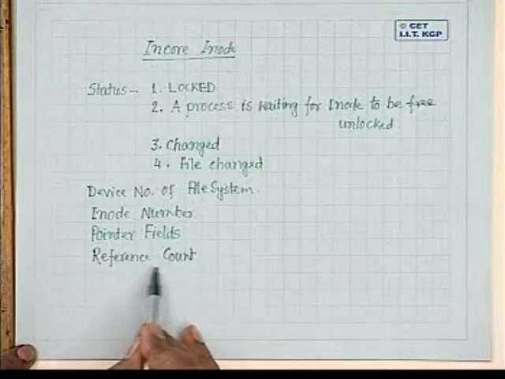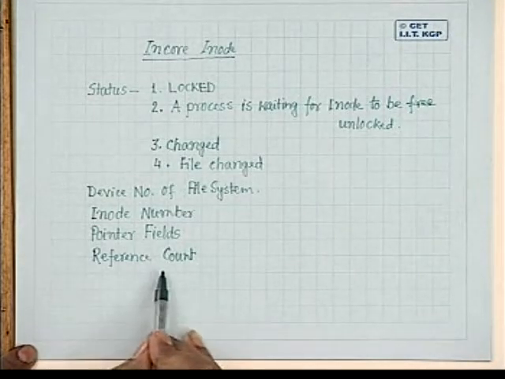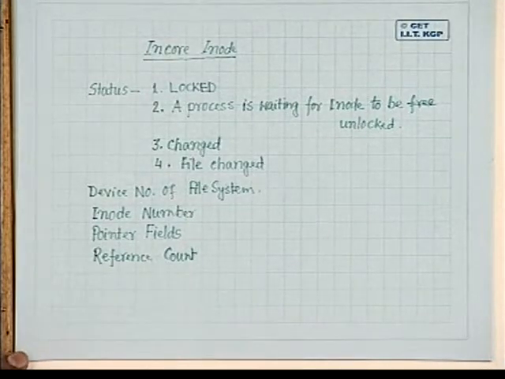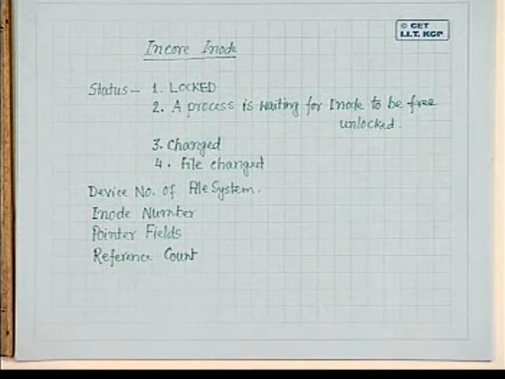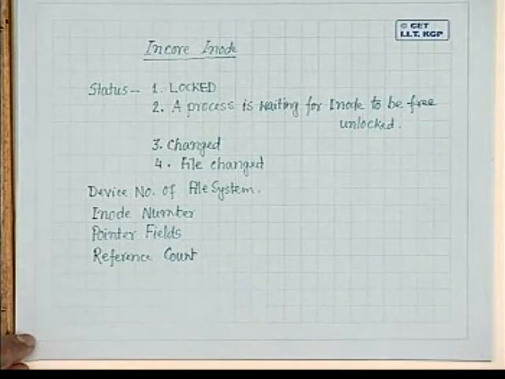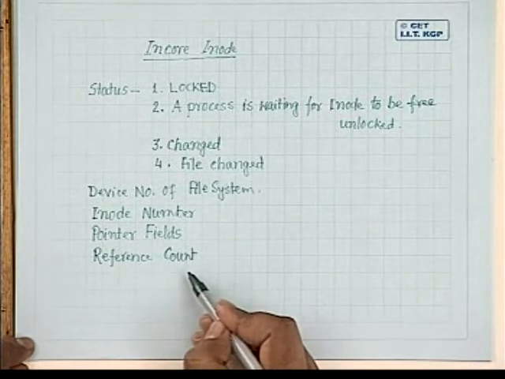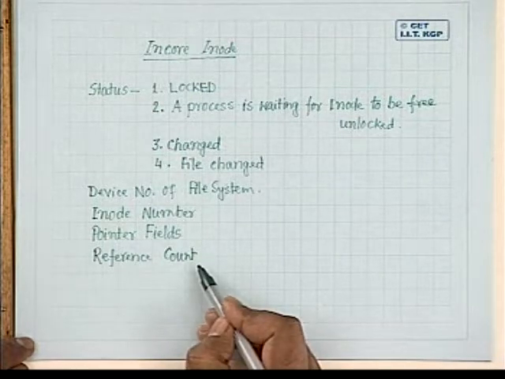When the second process also opens the same file, you search for the in-core copy of the inode, find it, and simply increment the reference count field by 1, which indicates that two processes are working on the same file simultaneously, or that I have two instances of the same inode simultaneously active. Now here comes the difference between an in-core copy of the inode and the buffer cache.